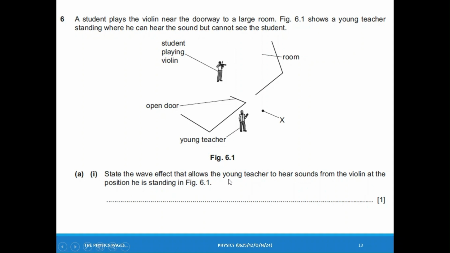State the wave effect that allows the young teacher to hear sounds from the violin at the position he is standing. The teacher is able to hear the violin because sound waves bend as they pass through the doorway. This bending of waves around obstacles is called diffraction. Therefore, the wave effect responsible for this is diffraction. Part A2.